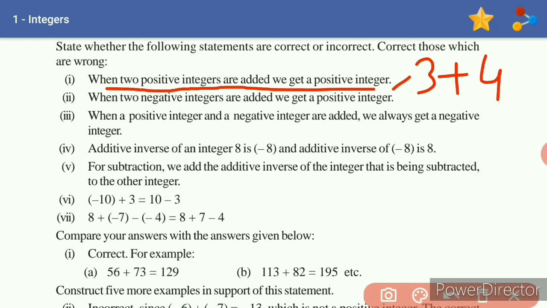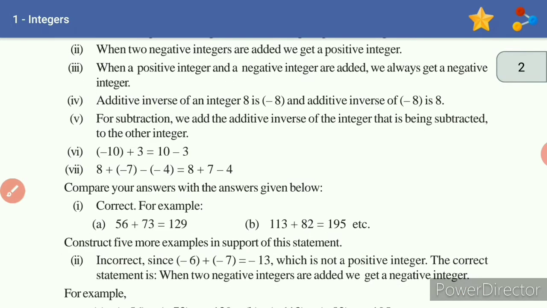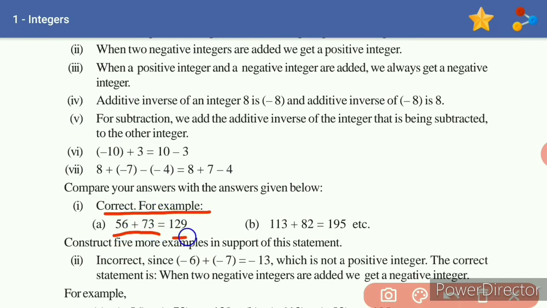Is 3 a positive integer? Yes. Is 4 a positive integer? Yes. If we add them, the answer is 7, which is again a positive integer. So this statement is correct, because if we add two positive integers, the answer is always a positive integer.